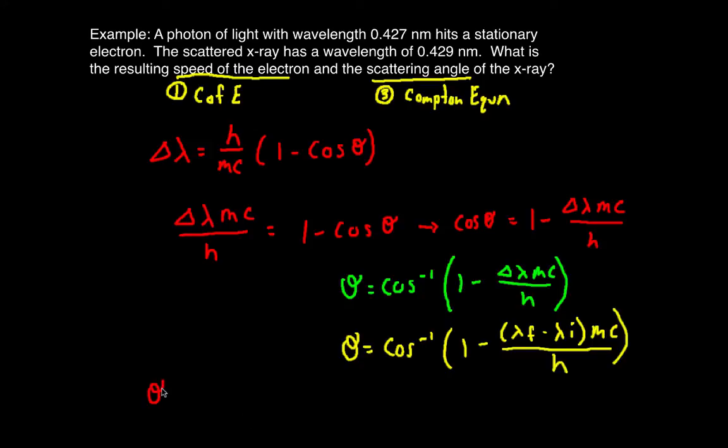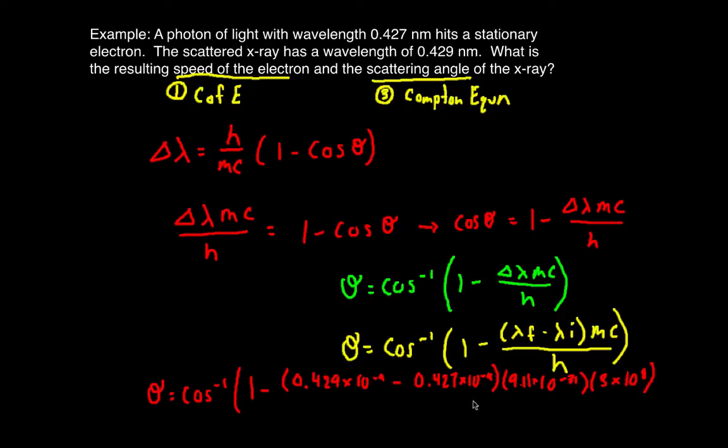This means theta equals cos negative 1 of 1 minus (0.429 times 10 to the negative 9 minus 0.427 times 10 to the negative 9) times the mass of an electron, which is 9.11 times 10 to the negative 31, times the speed of light, which is 3 times 10 to the 8, divided by Planck's constant, which is 6.63 times 10 to the negative 34.